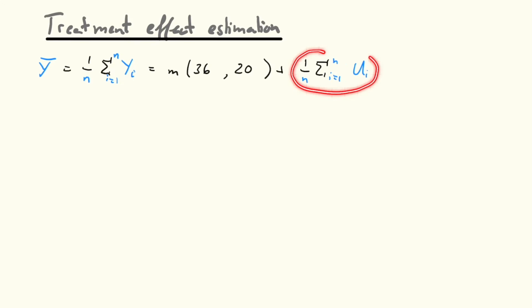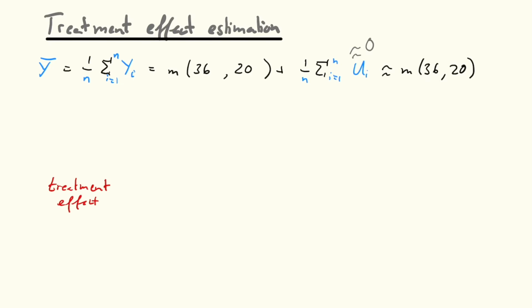Now this here will be approximately 0 by the law of large numbers. Therefore, the whole thing will be approximately the m function at 36 and 20. Previously, we estimated the treatment effect by the difference between the blue classroom and the purple classroom.